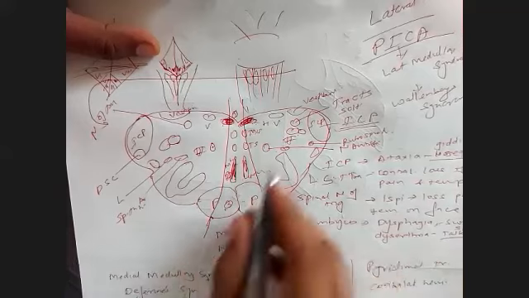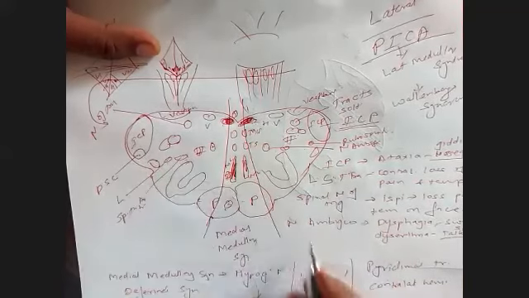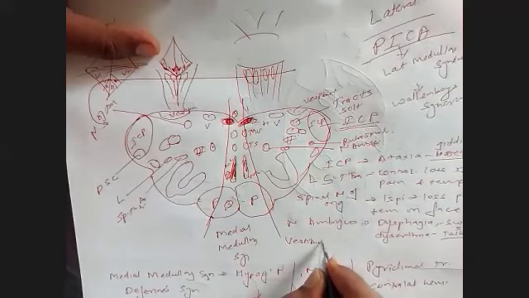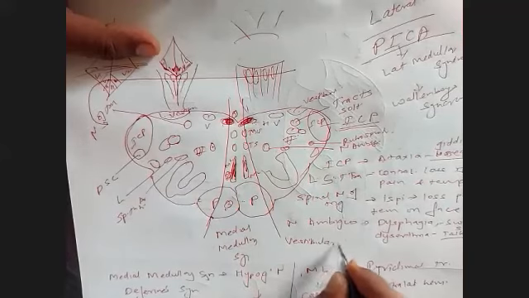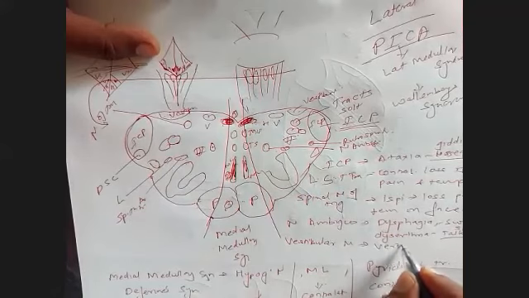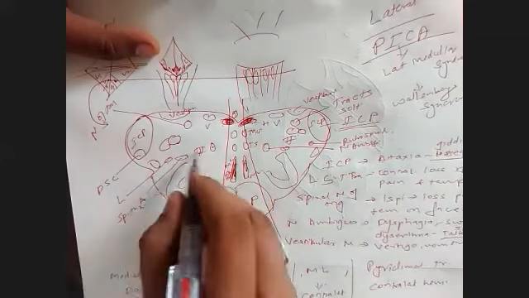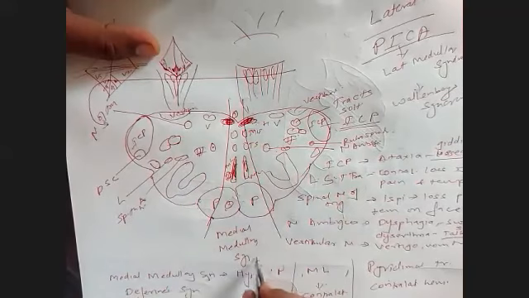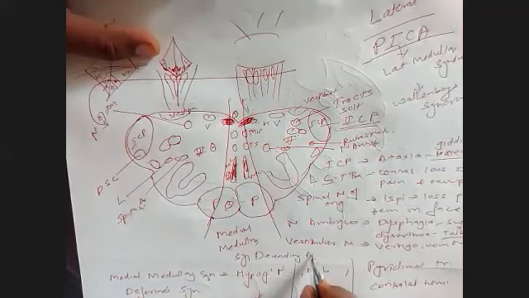Then here we also see the vestibular area, the vestibular nucleus. When the vestibular nucleus is affected, this can lead to vertigo and vomiting. And then here we see the reticular tracts, and the descending autonomic fibers.